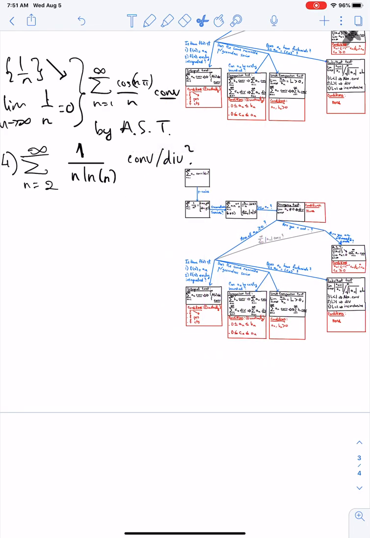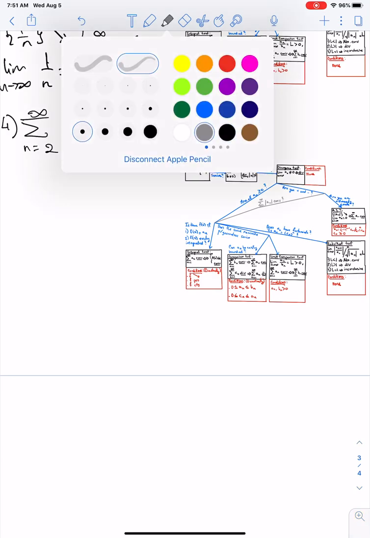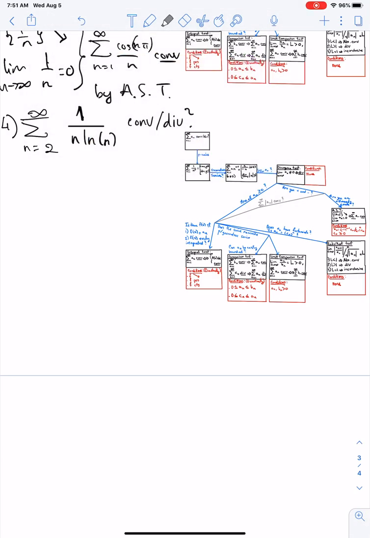So let's paste that flowchart here. Now again, as I said, same question. Is it a P series? No chance. Geometric series? Not really. Can we do a divergence test?